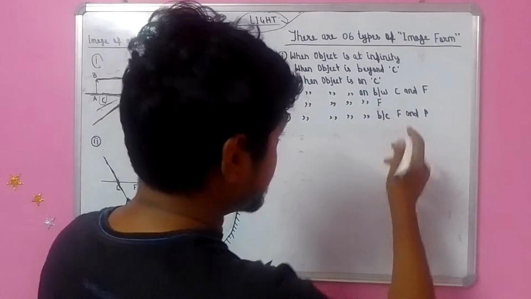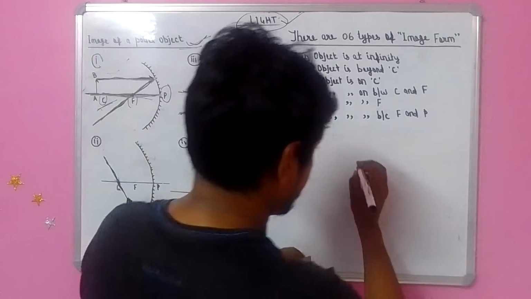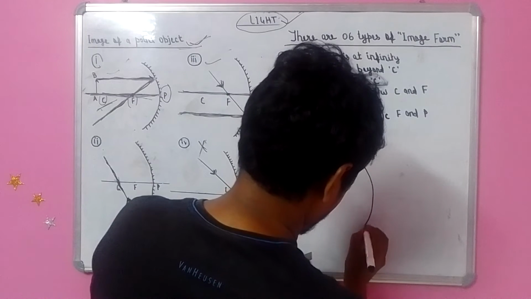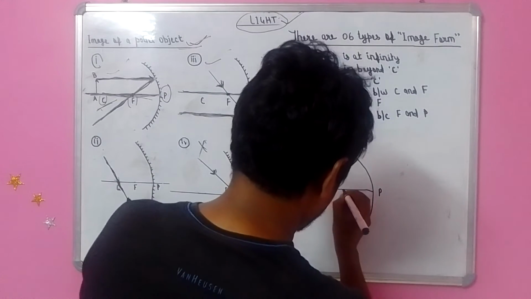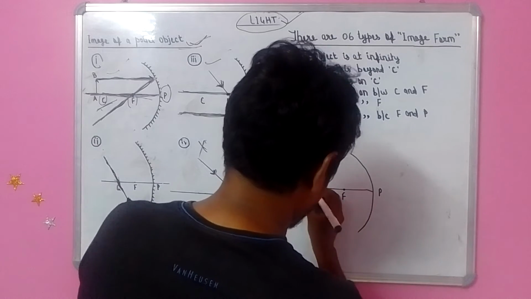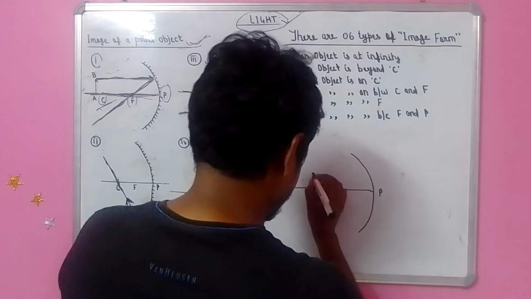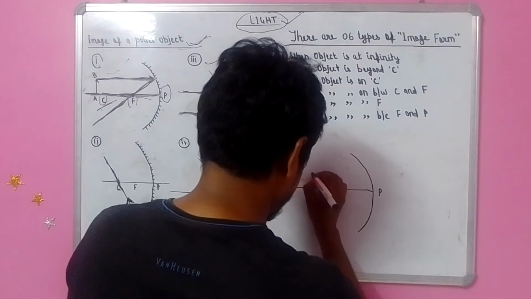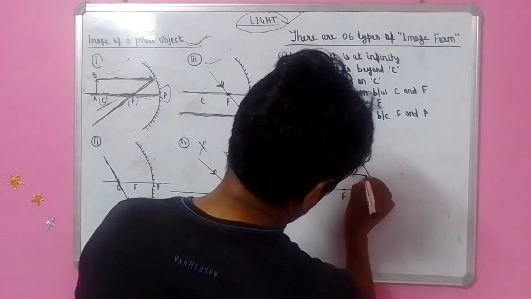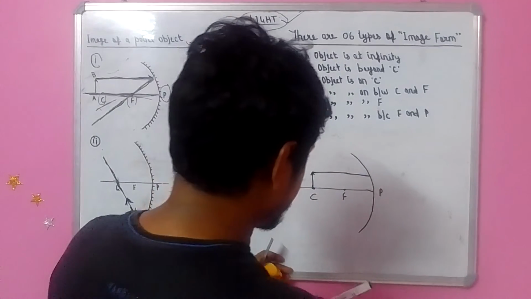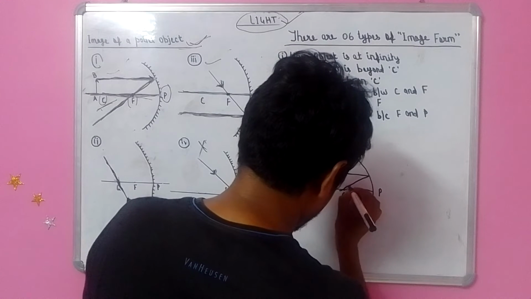When the object is at C, when the object is on the center of curvature. This is P, this is A, this is C, that is the center of curvature. Suppose here is the object, and it travels parallel to the principal axis.